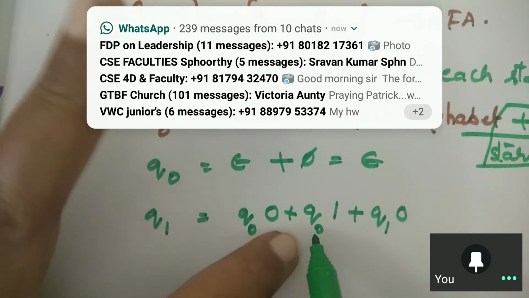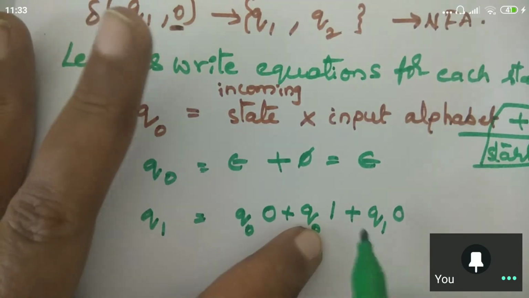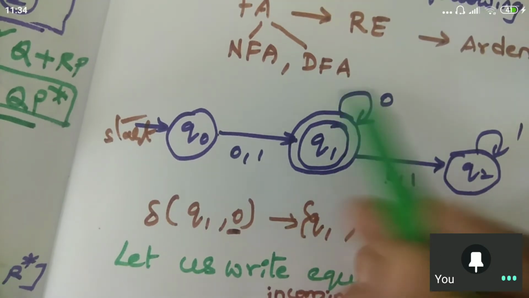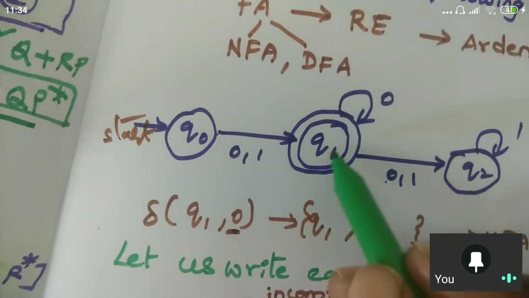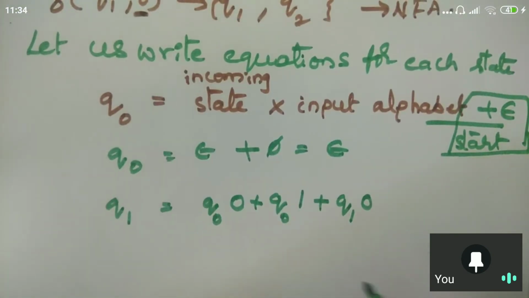Again incoming state is Q naught, input alphabet is 1. Again, if you observe, here I have one more arc, that is Q1. So the incoming state means to which particular state it is transitioning. It is transitioning again to Q1 on input alphabet 0. So Q1 0 I have written.